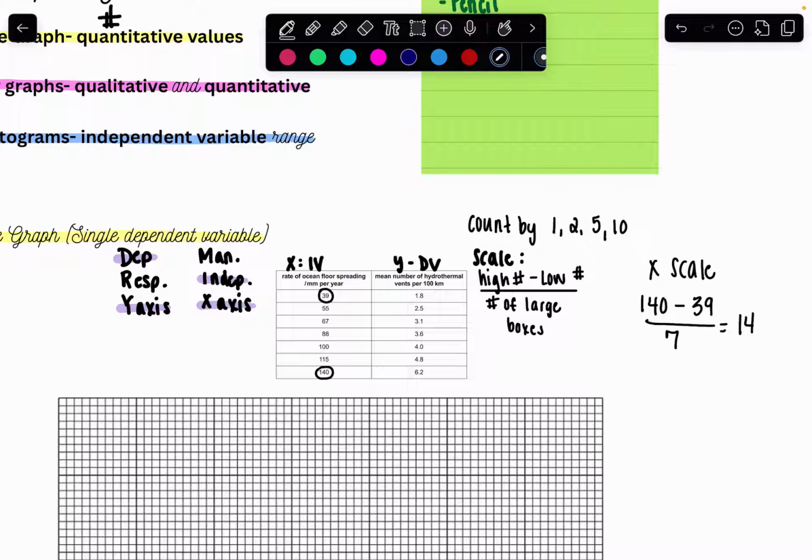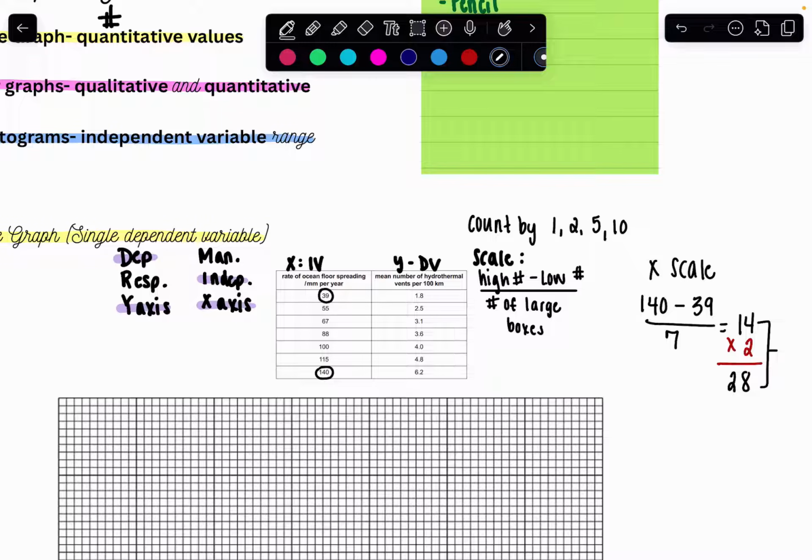We always multiply by 2. The reason why we always multiply by 2 is because we need a range. We don't know what we're counting by still. So now that we have 2 numbers, we want to find a number that's either 14 or greater than 14, but not greater than 28.